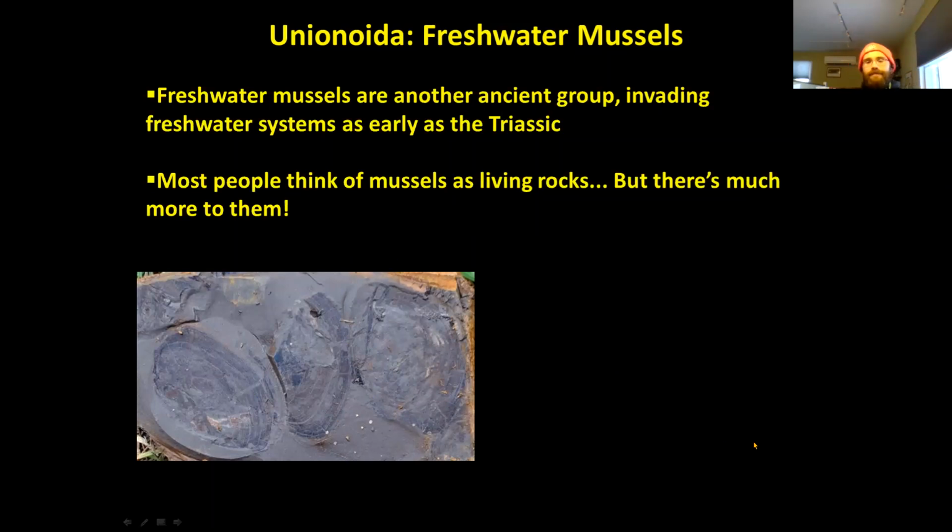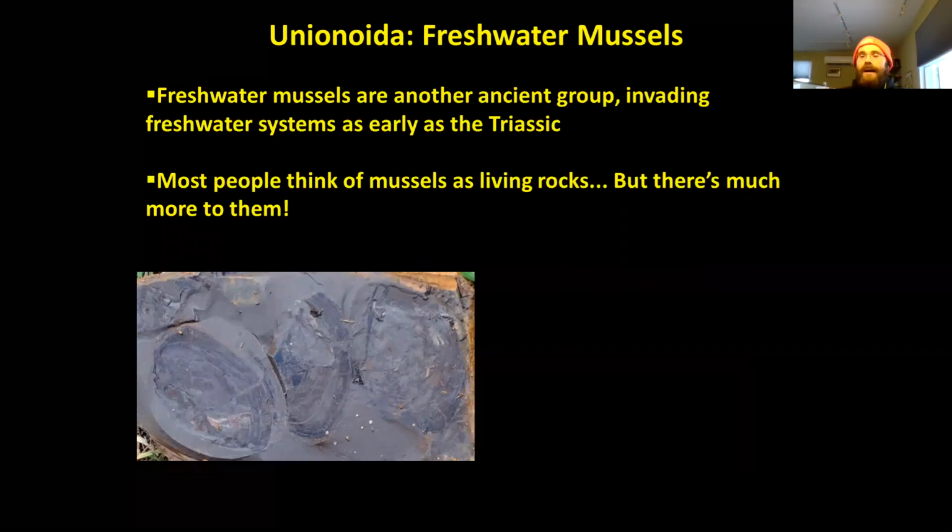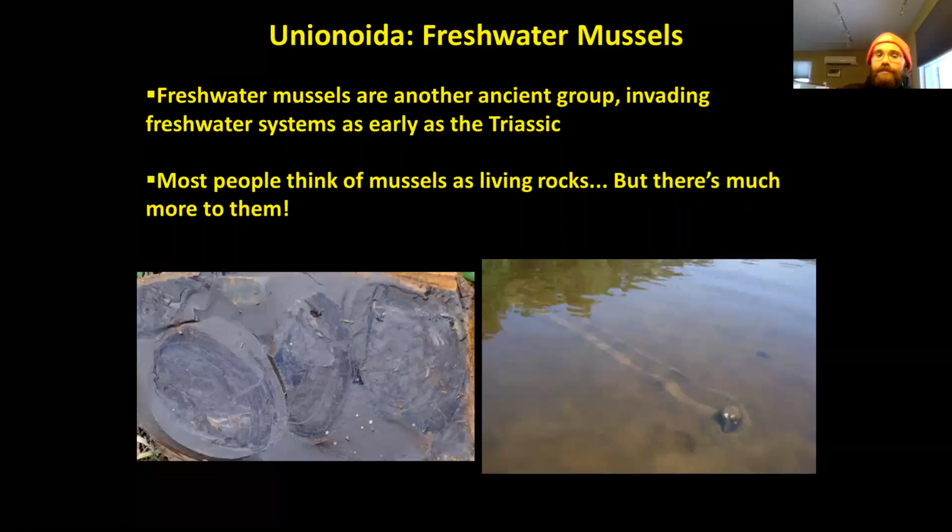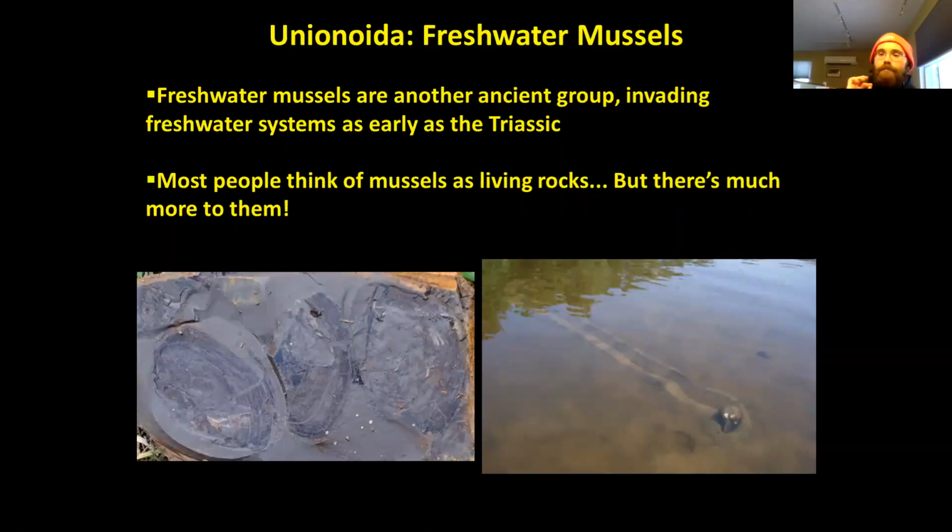And most people tend to think of a freshwater mussel as a living rock, because quite frankly, they look like a living rock. But there's really much more to them than that. And you can see that, yes, they do end up moving, not very quickly, but they do end up moving.